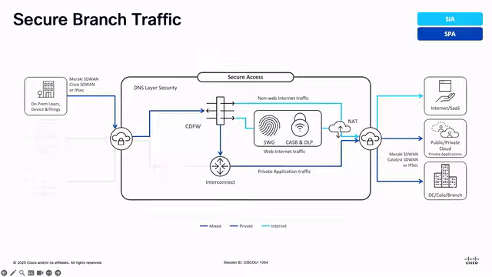And if we look at the private application traffic path, that's going to be sent to the application through what we call an interconnect. We have something called a private application backhaul that you see here on the right that allows you to have a connection from Secure Access to perhaps another branch location, to a data center, or to a cloud environment where the application is going to reside.